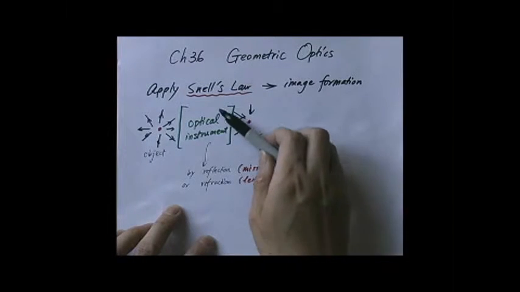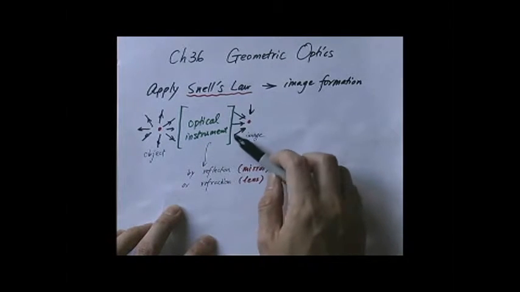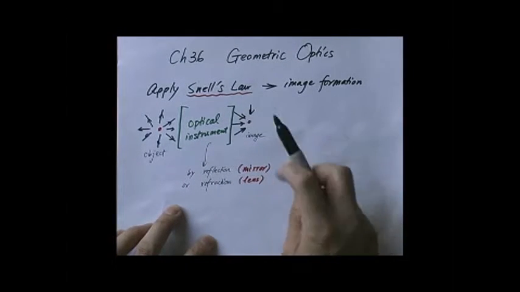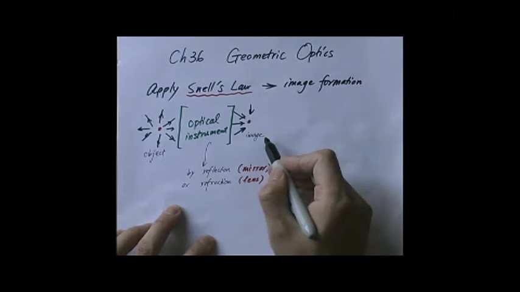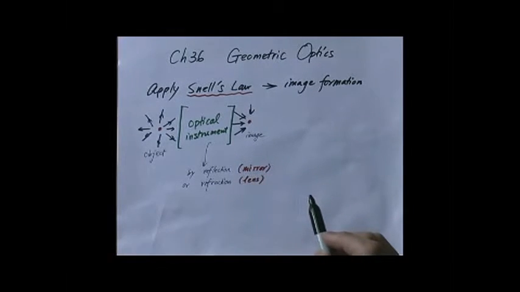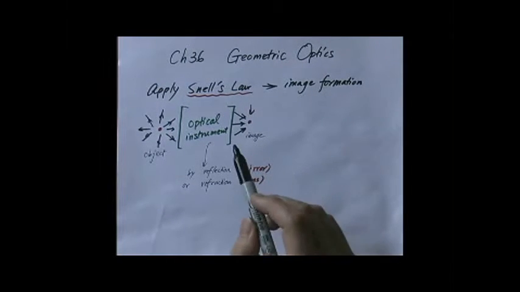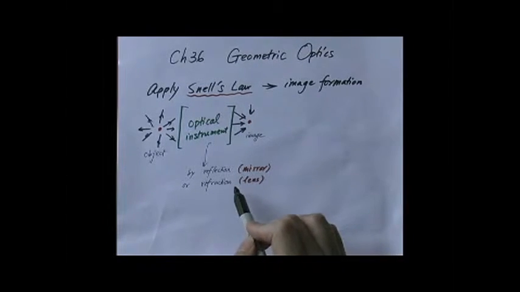And whatever happens, after the light rays get processed by an optical instrument, they come this way. They merge at that point, and that point would be the image formed of this object due to the optical instrument in question. Again, if the optical instrument is of a mirror type, then it forms an image by reflection, and if it's of a lens type, it forms an image by refraction.